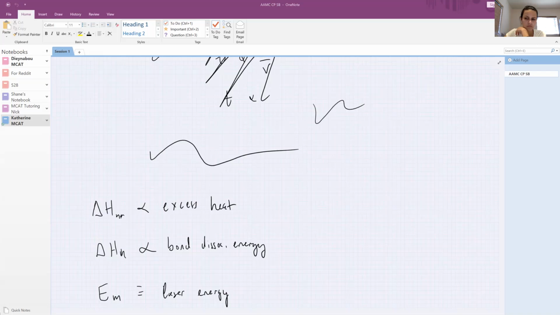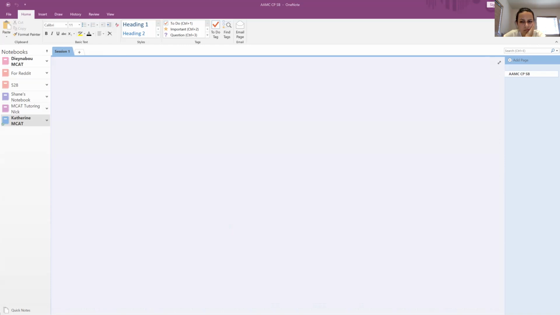So excess energy is that heat produced. In other words, I could say that the laser energy is equal to the sum of the bond energy and the excess energy.